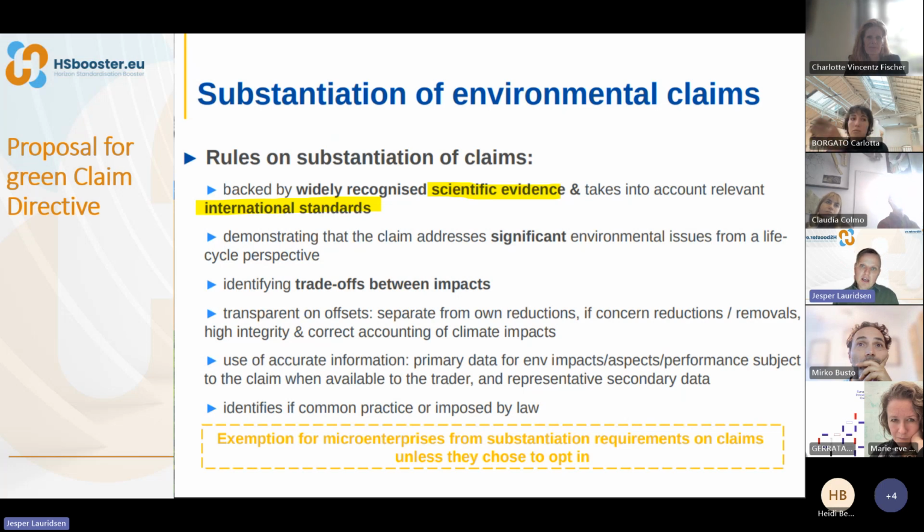And you can see that in their work on the Green Deal claims, a new directive for claims, they are still focusing on the scientific evidence and international standards. And I'll come back to the 14020, the subcommittee 3 series, in just a while.